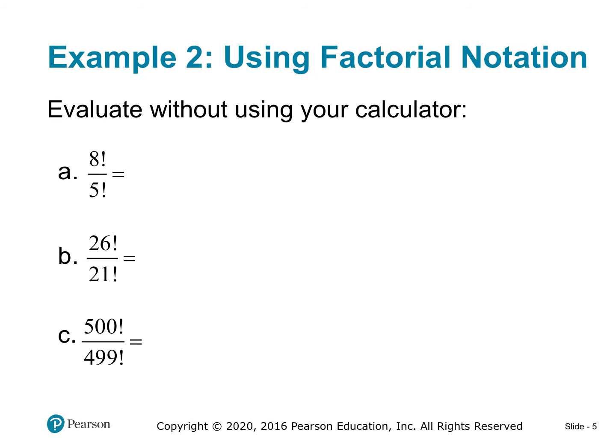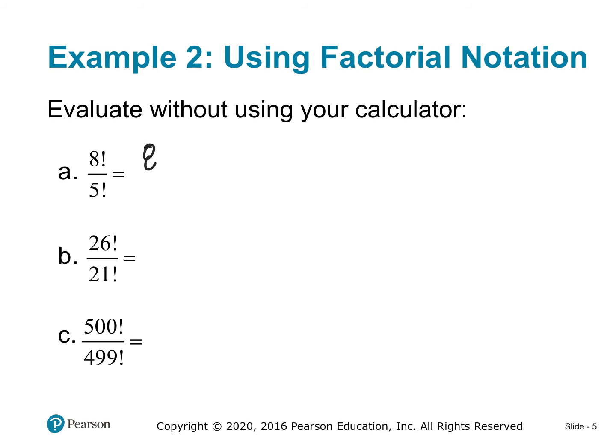All right, so using factorial notation, evaluate without using your calculator. How we do this is we're going to write out our multiplication. But notice we have a 5 factorial on the bottom.